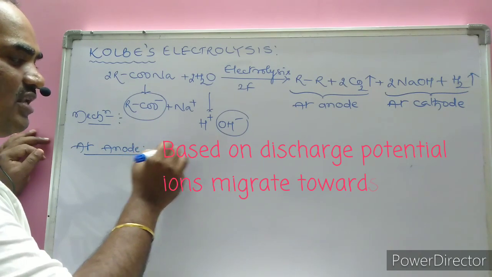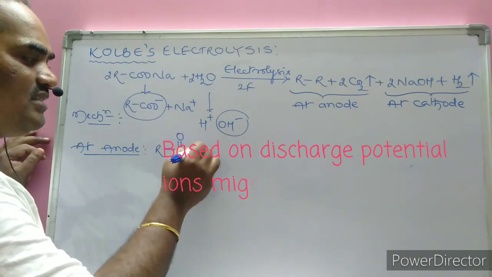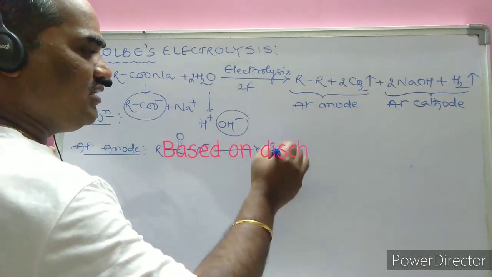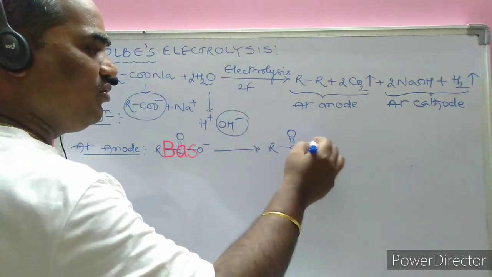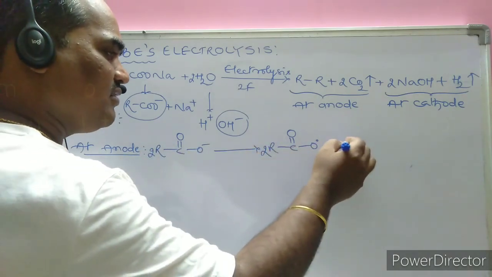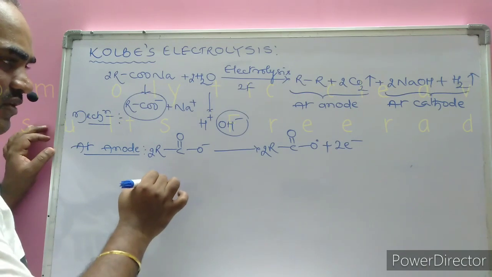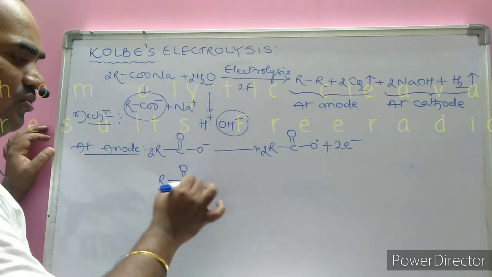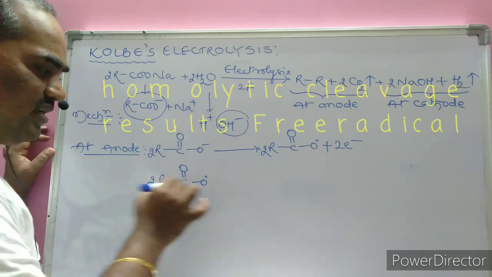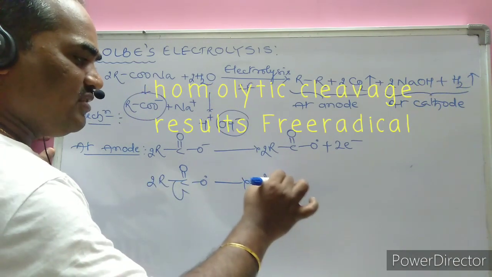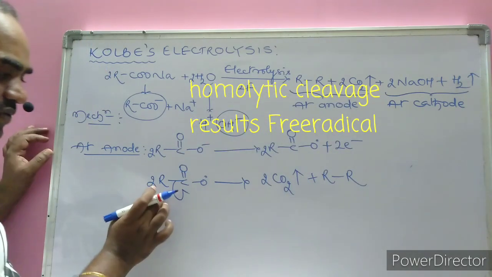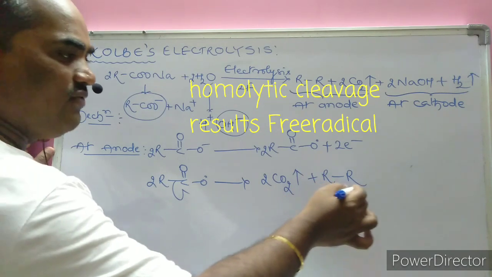Hence, the carboxylate ion is getting discharged easily. RCOO minus dissociates to form RC=O radical plus 2 electrons liberated. Next, the RC=O radical, again a free radical, undergoes homolytic bond fission. Hence, 2 moles of carbon dioxide gas are liberated as well as a new bond is formed between 2 alkyl groups. This is one way.